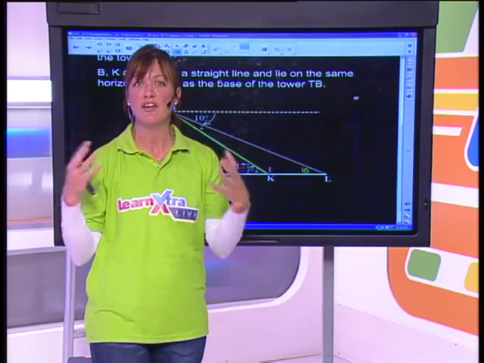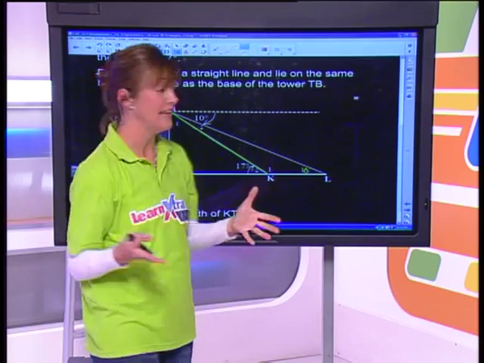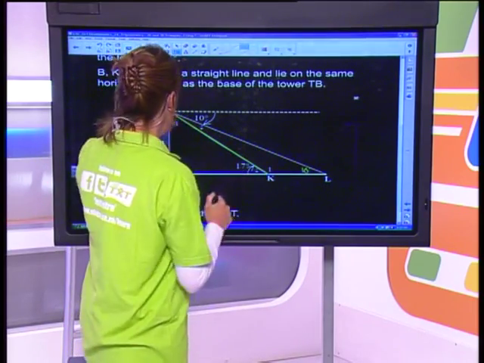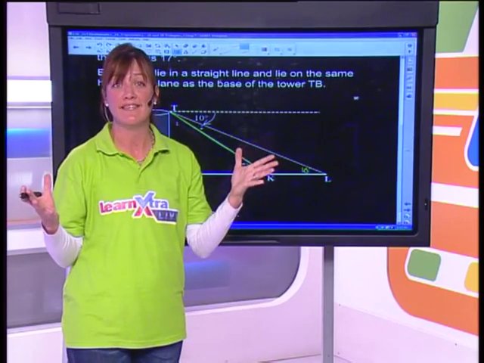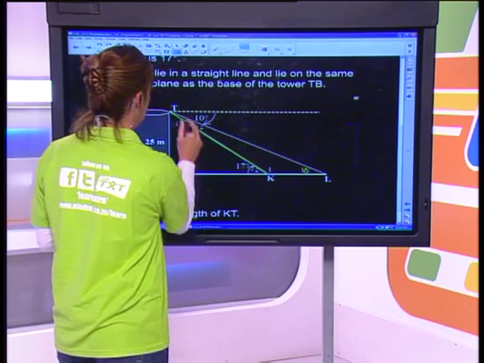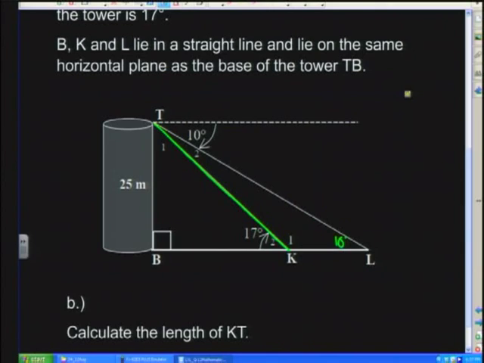So we've got to decide which triangle we need to work in to find the length of KT. First things first, KT is not a side of that big triangle, so it's not going to work there. It's either part of the right angle triangle or part of your other triangle, this obtuse angle triangle.